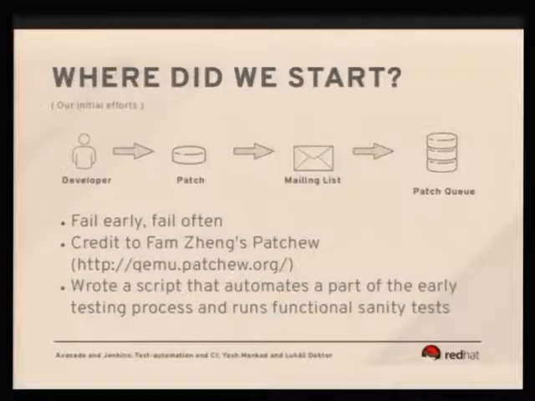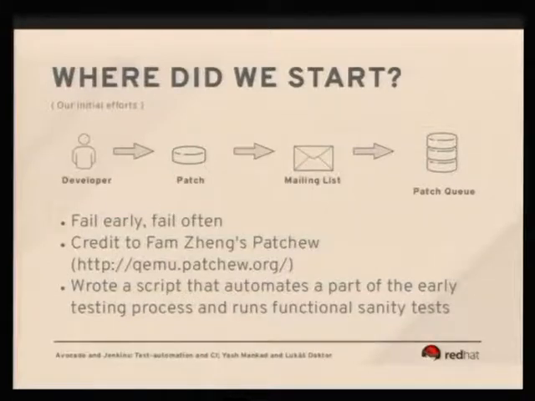So how did we approach the solution? We wanted to reduce the turnaround times and get faster results back in the hands of the developers. So we wrote a script that automates the initial stages of the development process once a patch is submitted.